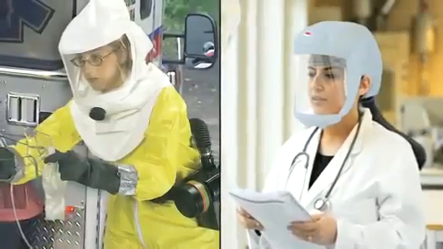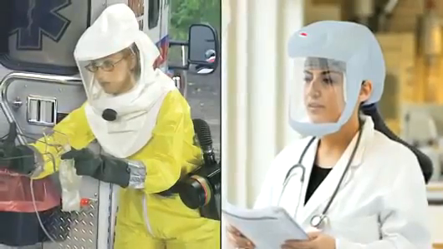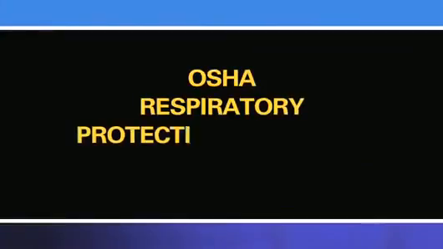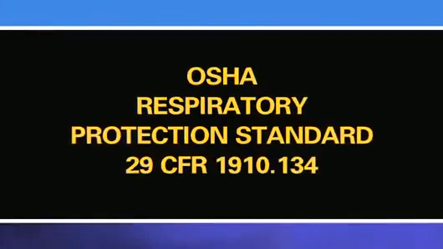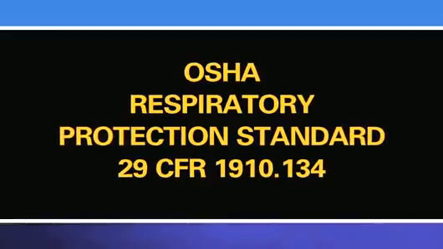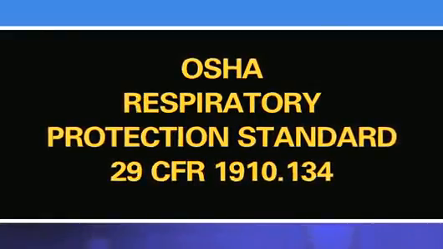When a respirator is required, your employer must develop and implement a comprehensive respiratory protection program. This program must meet the requirements of either federal or state OSHA's respiratory protection standard. Employers must comply with the standard, and you need to have a basic understanding of their responsibilities.